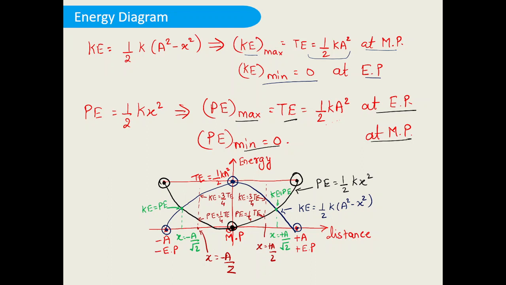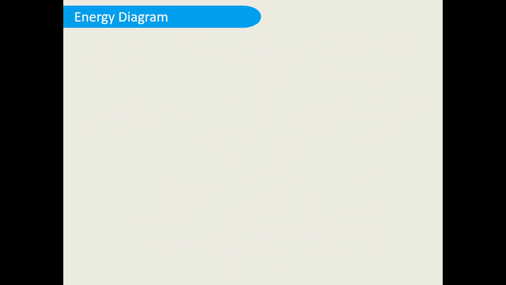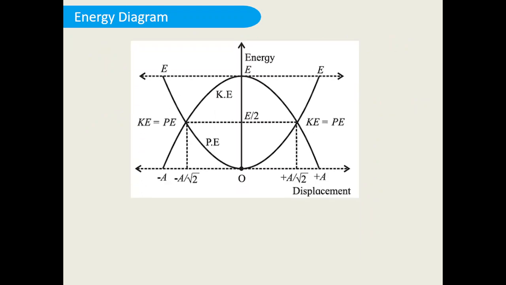Okay, so this is the energy diagram for the particle performing linear SHM. I request you all to please pause the video and complete this. We are now looking into the diagram which is there in the textbook. Here this is the energy axis, and this is the distance axis.